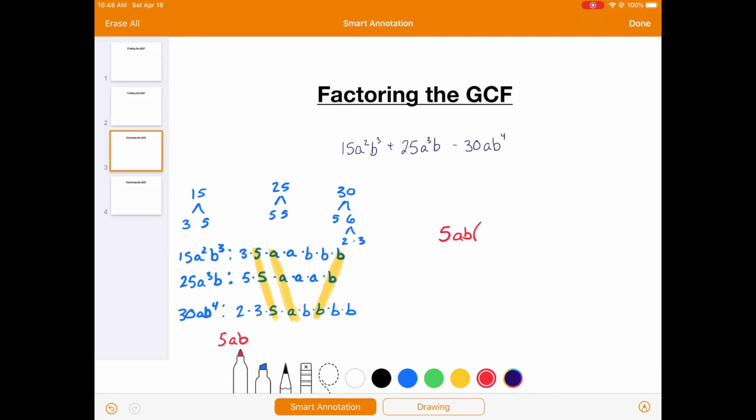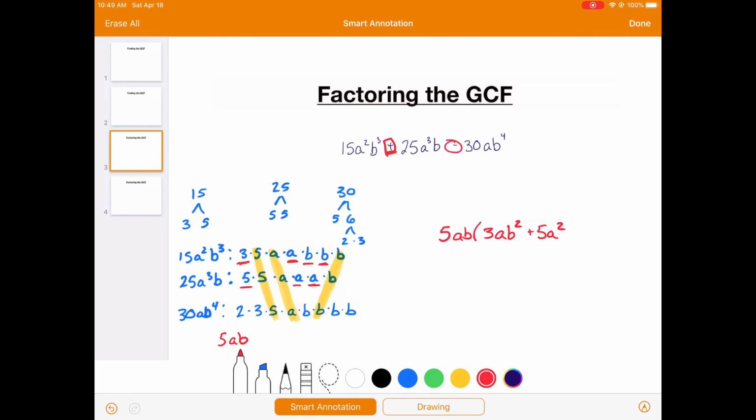So in 15a squared b cubed, we're left with the 3ab times b. So that's going to be 3a, b times b is b squared. And then we're going to put a plus sign because that's what was already there. And the second one, we're left with 5 times a, which is 5a squared.